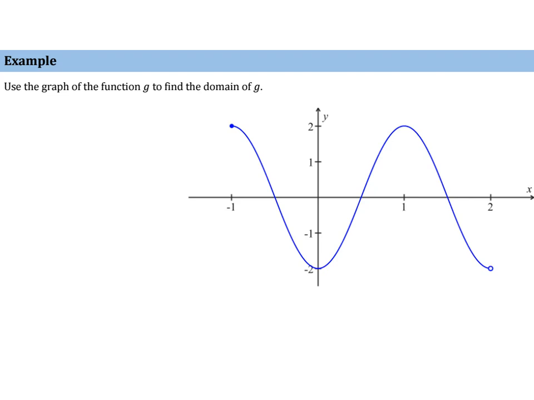So try to find the domain of this function. Remember, the domain is the set of x values, so you're going to take this and smash it to the x-axis. So if we do that, where would the shadow be?